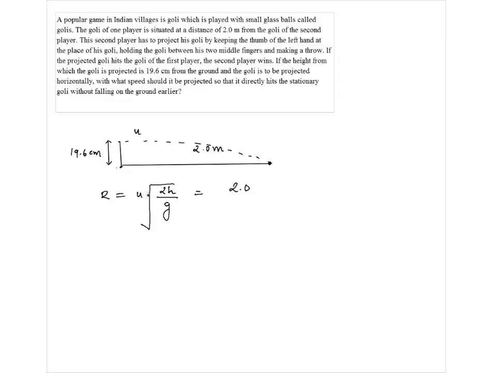Take G as 9.8 because this number 19.6 is 2 times 9.8.